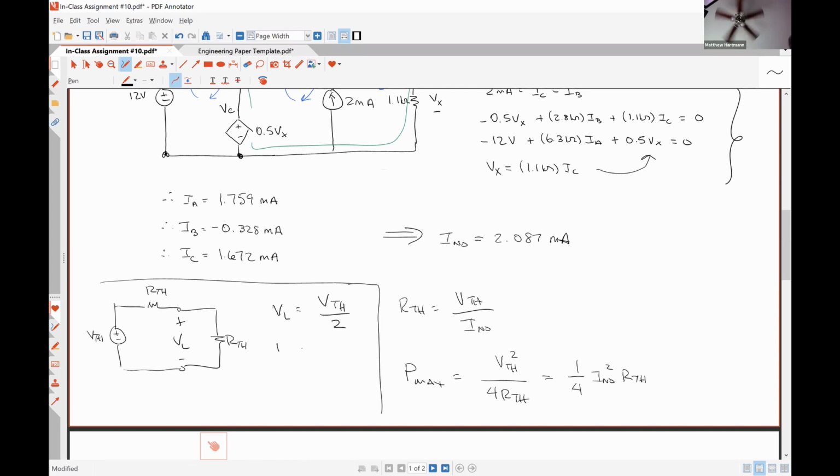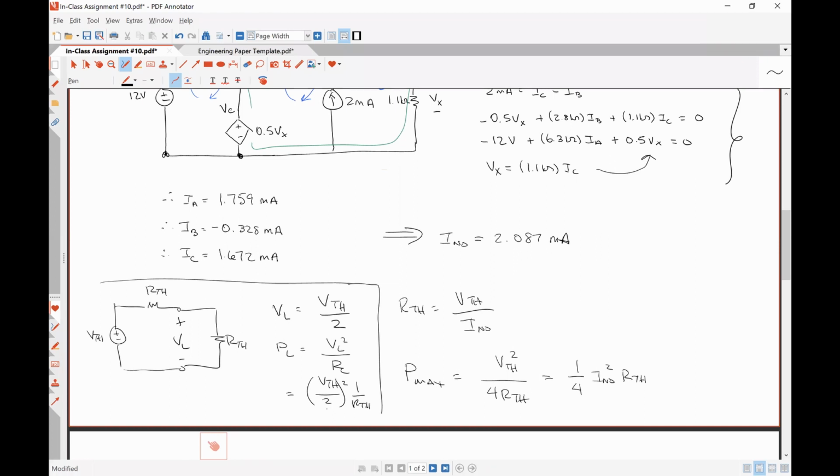Our power absorbed by our load is VL squared divided by RL. So that's going to be VTH over 2 squared times 1 over our load resistance, which in this case is R Thevenin. So when we square that denominator, that's where that factor of 4 comes from.